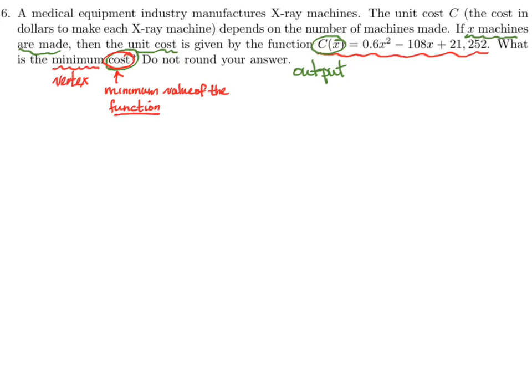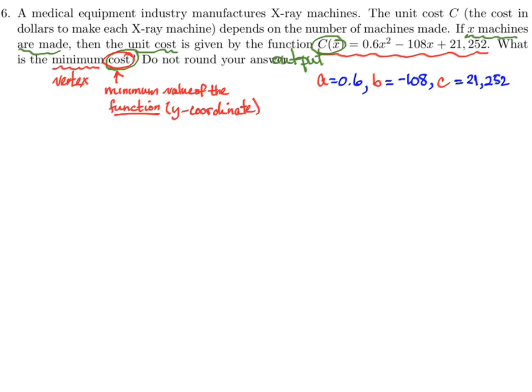The minimum value of the function is the cost, and that's the y coordinate of the vertex. So A is equal to 0.6, B is equal to negative 108, and C is equal to 21,252.